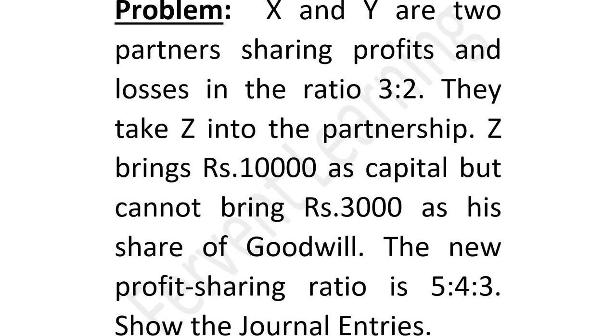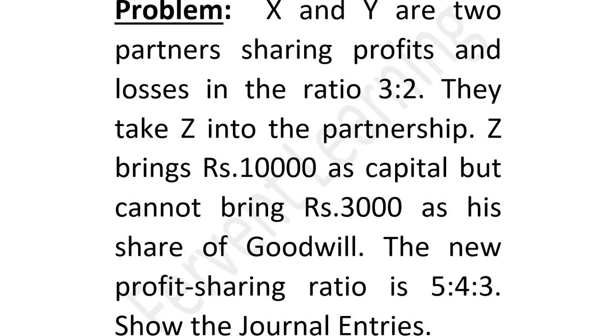Here, two partners X and Y whose profit sharing ratio is 3:2 and they take Z as a new partner. Z brings rupees 10,000 as capital but failed to bring rupees 3,000 which is his premium of goodwill. The new profit sharing ratio is also given, that is 5:4:3. We need to pass journal entries.